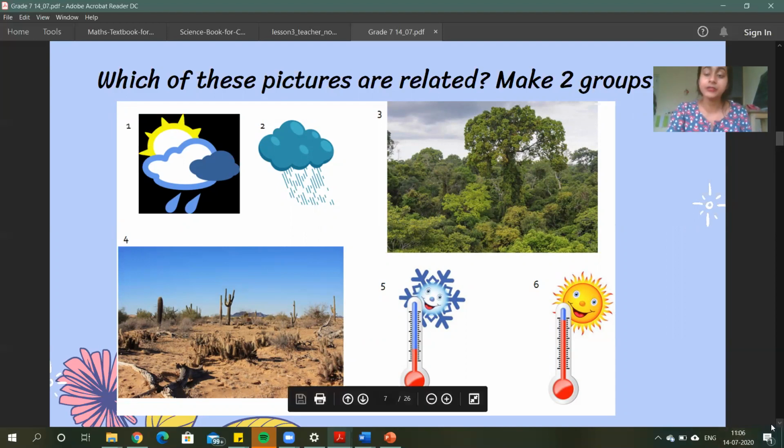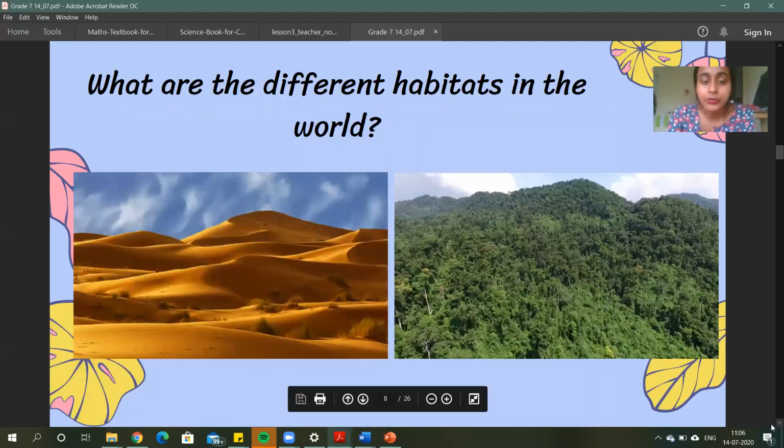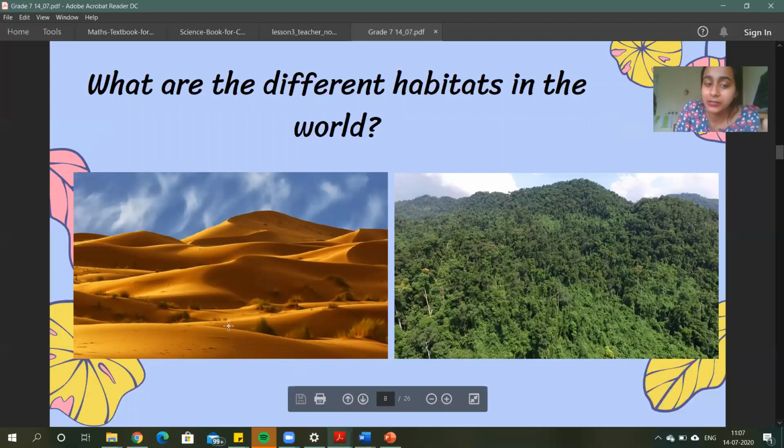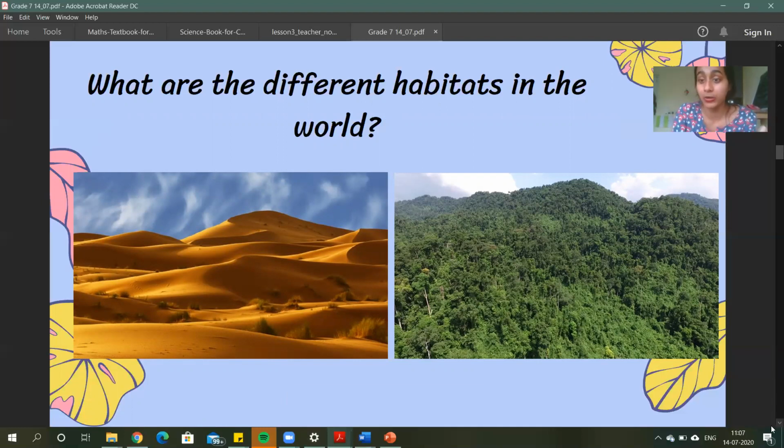All around the world you have different kinds of habitats. A habitat is where a plant or an animal or any organism lives. Wherever an organism lives is its habitat. The first picture is of a desert. The second picture is of a tropical rainforest. Here there is a lot of rain and hence there are tall trees.